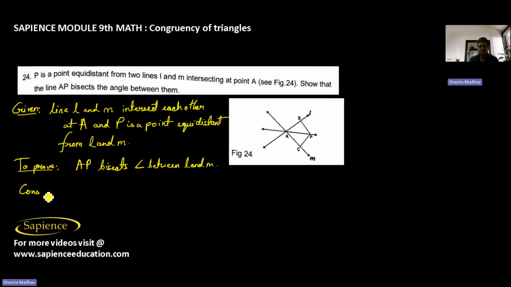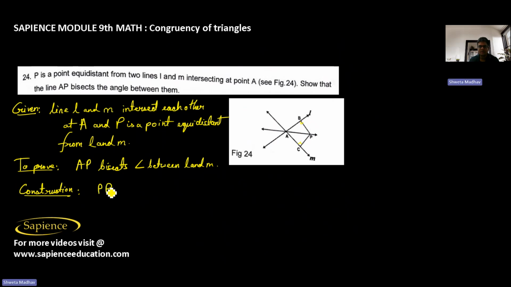So here we can do some construction. Construction is that we can draw perpendiculars from the point P on the lines L and M, that is PC and PB.